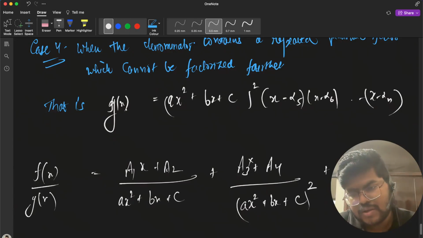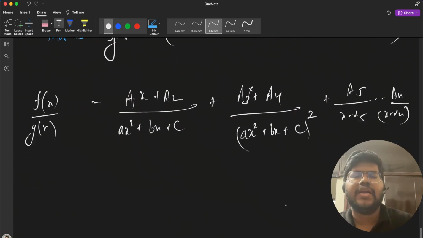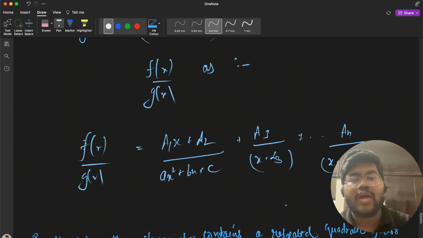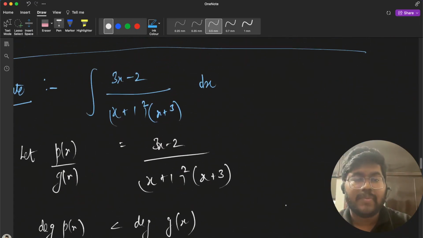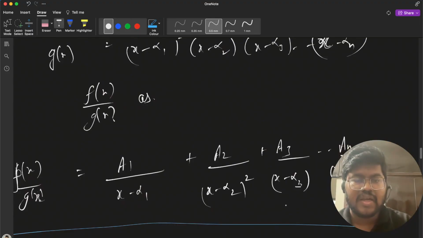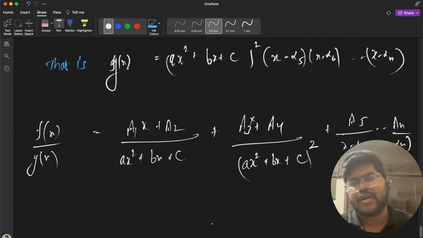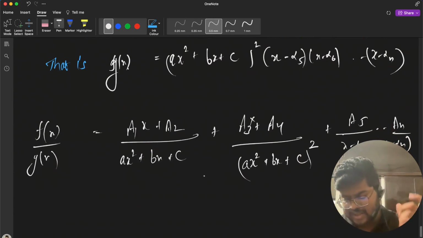And plus a5 upon x minus alpha 5, and so on, an upon x minus alpha n, right? So in the similar pattern to the previous cases with non-repeated factors, we follow the same method for the non-repeated quadratic factor as well, right?